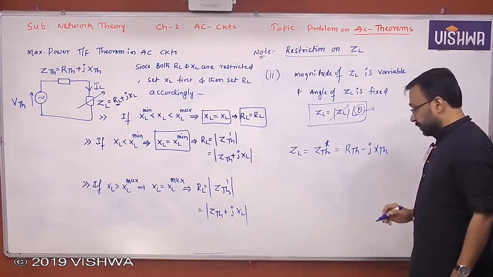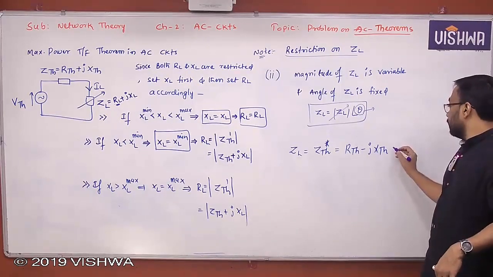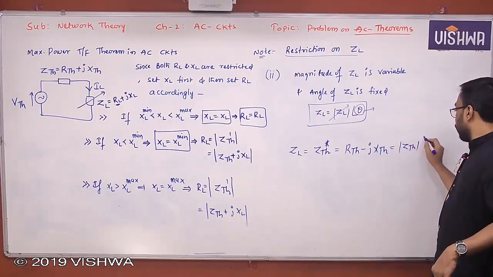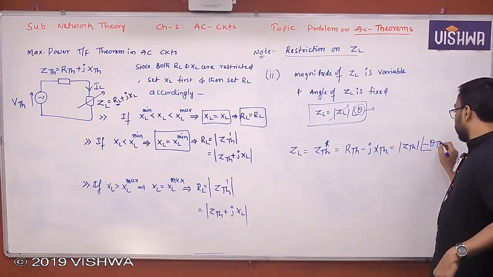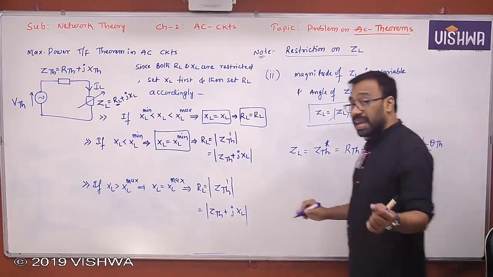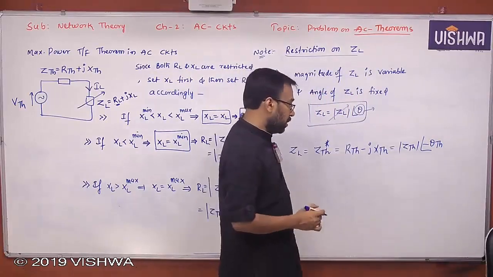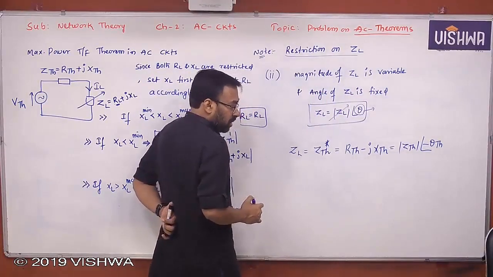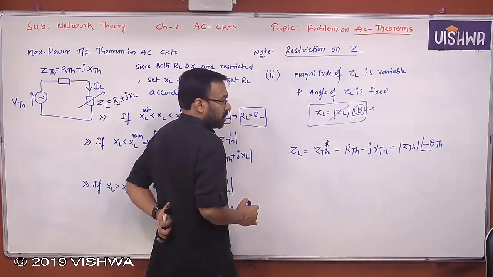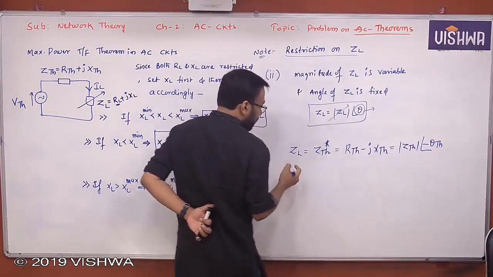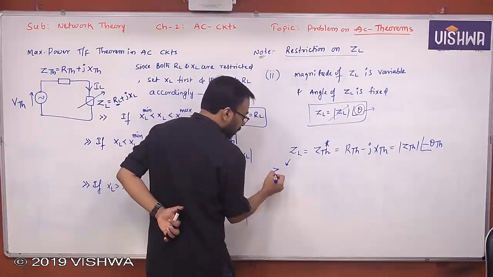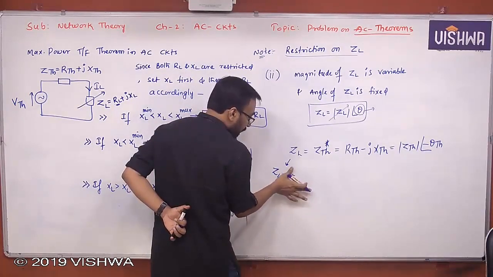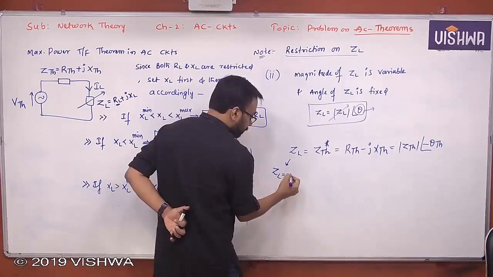This becomes ZTH at an angle of minus theta TH, with theta TH positive, but minus theta TH is the angle here. So it's very clear that for the maximum power to be transferred, ZL must be ZTH at an angle of minus theta TH.